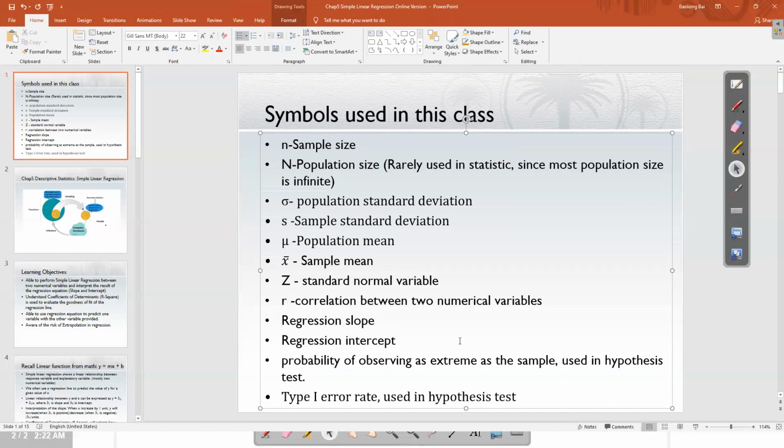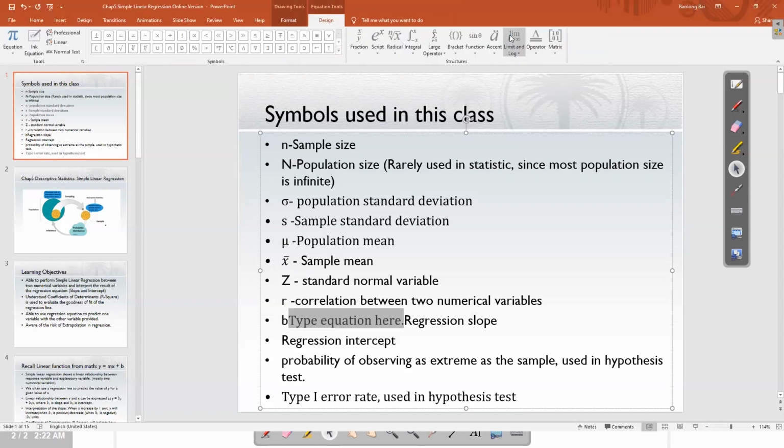And the regression slope. I know in math class you use M, but here we use B1, okay? So B1. The subscript doesn't matter. I'm going to use the equation here to build it.